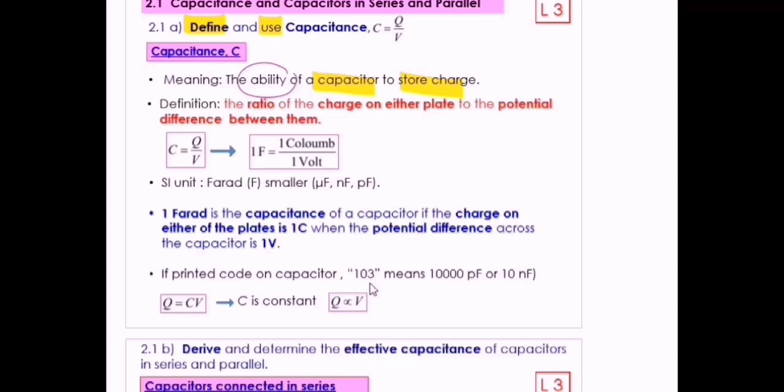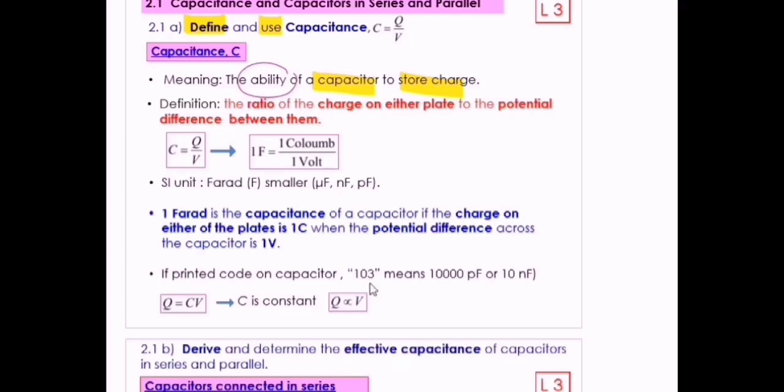That means if a capacitor can store a lot of charge, the capacitance is higher. Whereas if a capacitor can only store a little bit of charge, the capacitance of that capacitor is lower.